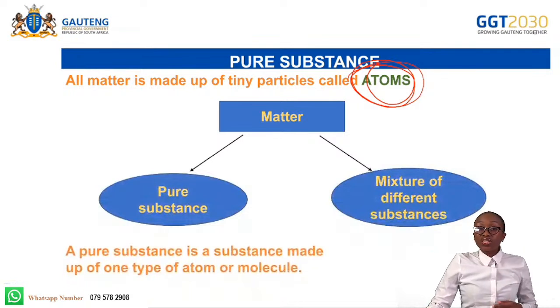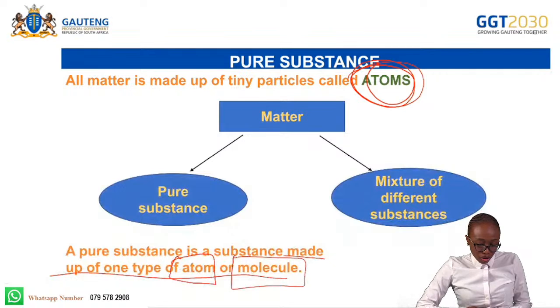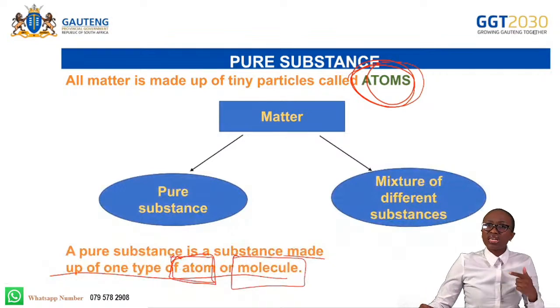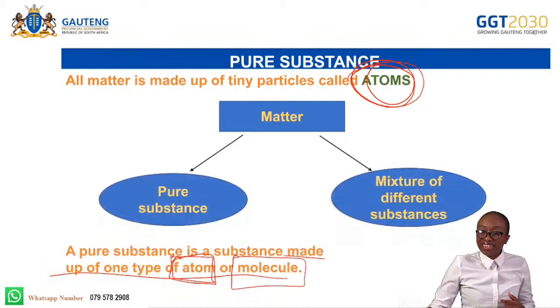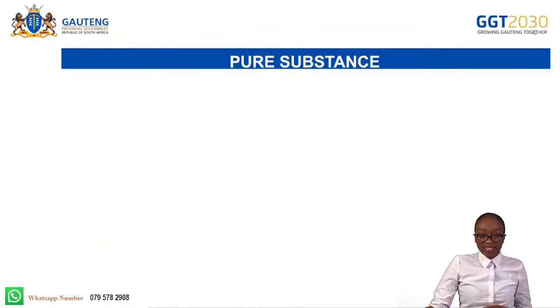Now let's remind each other again. A pure substance is a substance made up of only one atom or molecule. When you hear one atom, I'm sure the word element comes to mind. And elements are pure substances.